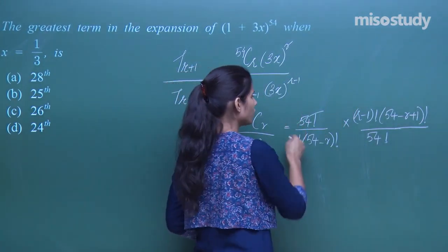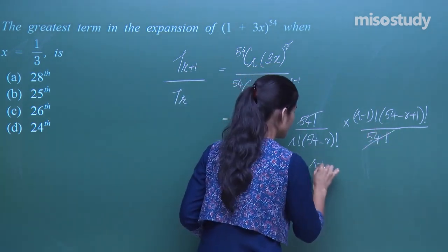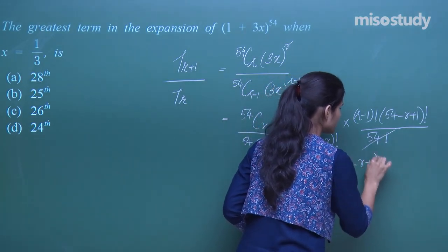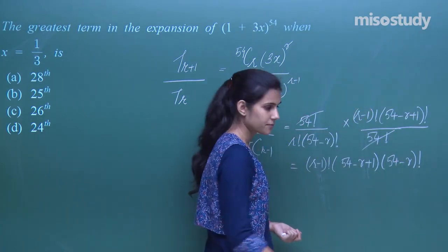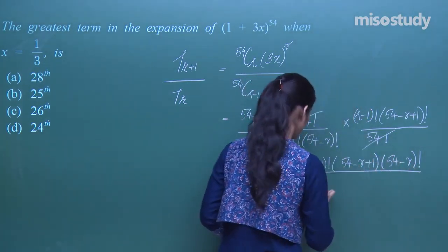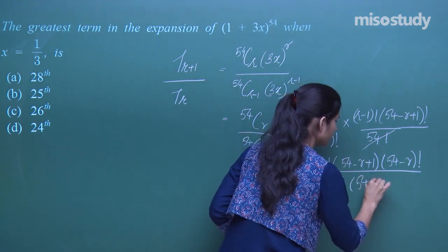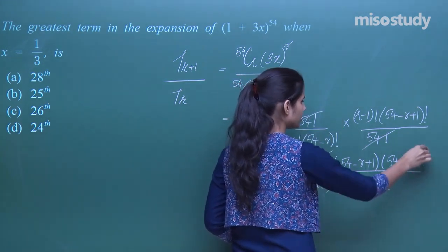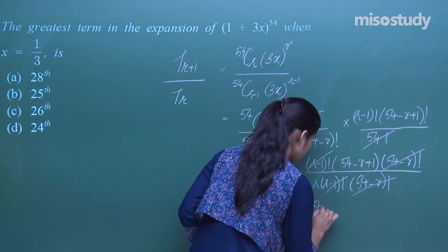Fine, so obviously this gets cancelled out. What you are left with can be written as (r minus 1) factorial into (54 minus r plus 1) into (54 minus r) factorial, whole upon r into (r minus 1) factorial into (54 minus r) factorial. So very clearly this gets cancelled out, this gets cancelled out, and you are left with (55 minus r) upon r.